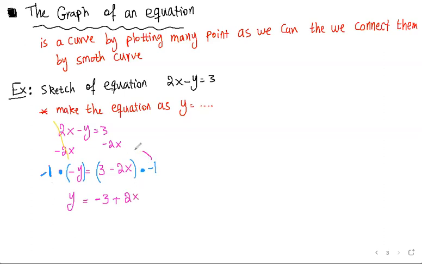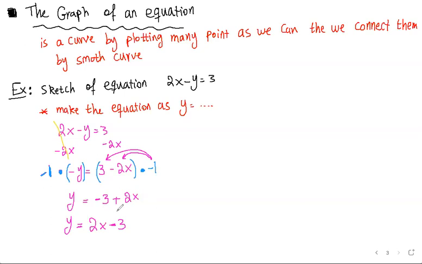I distribute this inside the parentheses. So y equal 2x minus 3. I can reorder it a different way: y equal 2x minus 3.